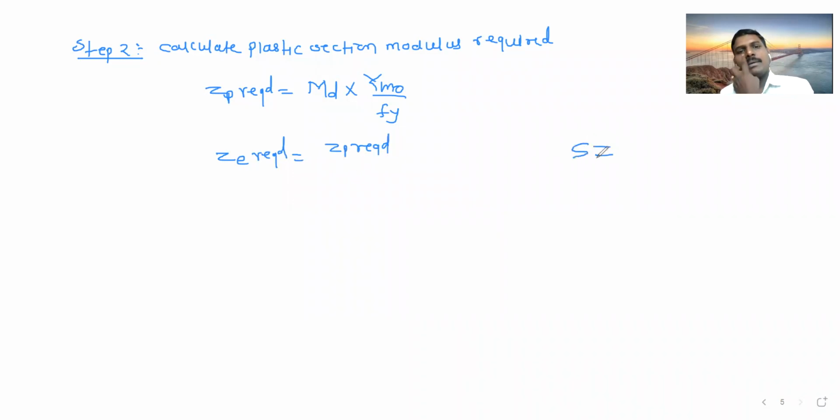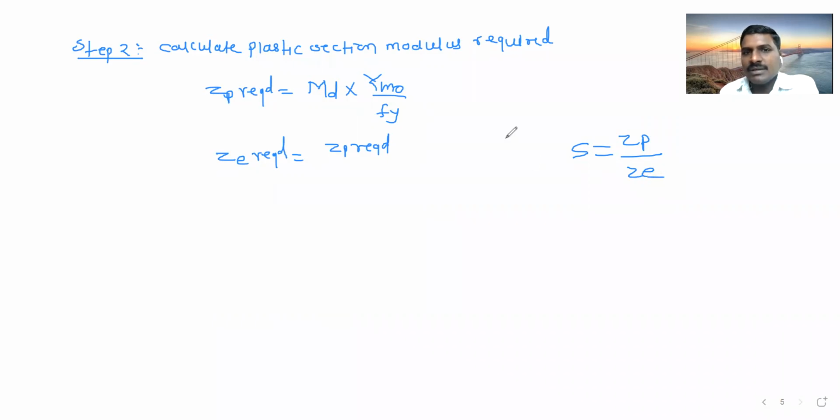So what is shape factor? Who will tell me? Is this correct, whatever I have written? S is equal to ZP upon ZE.